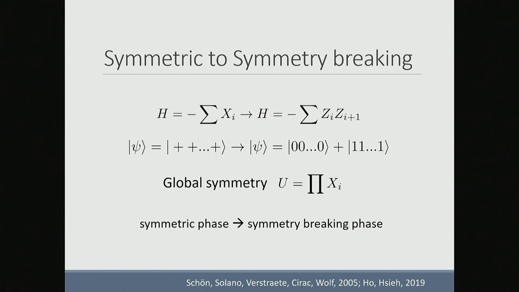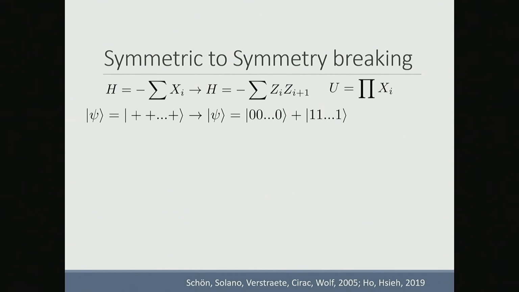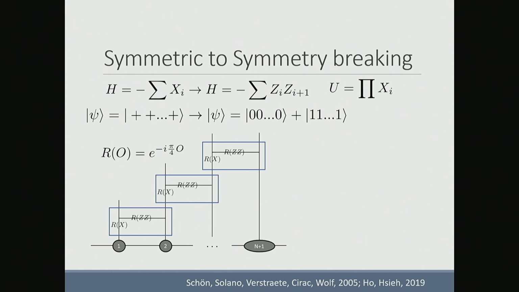If we impose a global Z2 symmetry, on the left-hand side we have a symmetric phase, while on the right-hand side we have a symmetry breaking phase. Okay. So the question now becomes, how do we move from the symmetric phase to the symmetry breaking phase using a quantum circuit? And this has been studied because people with a quantum computer want to build these GHZ states.